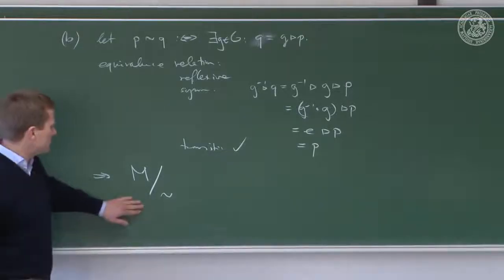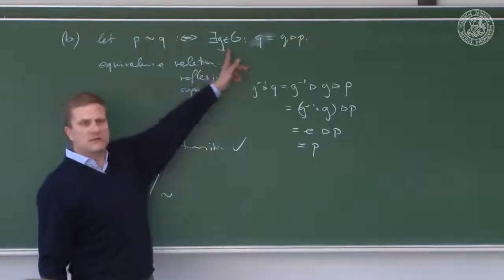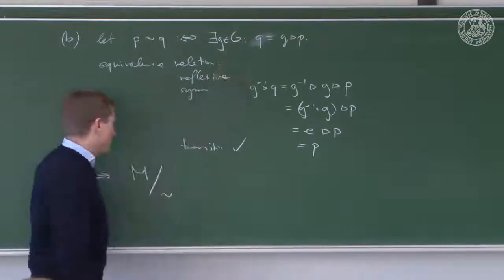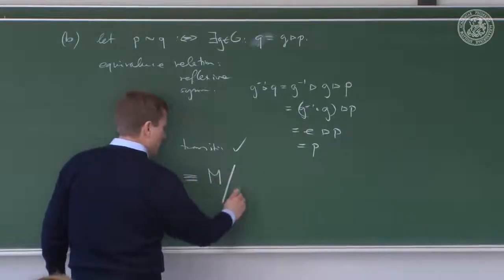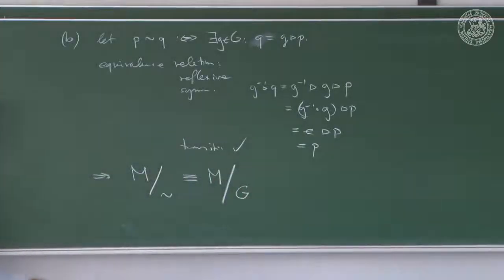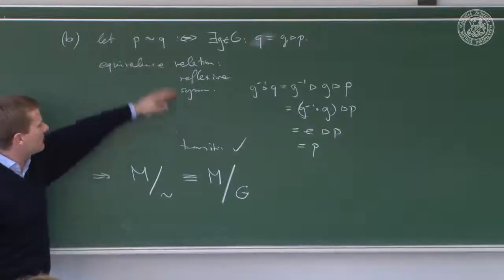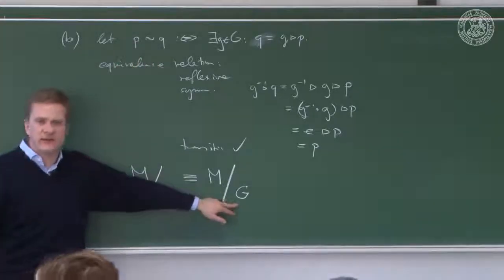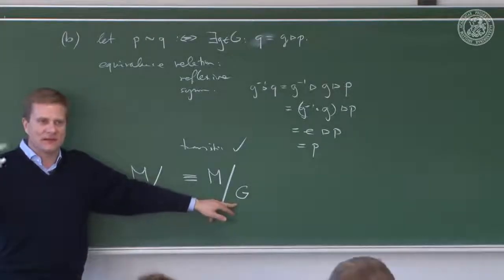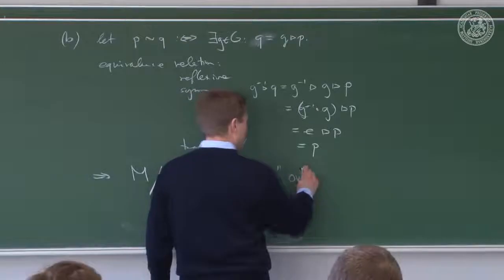And because this quotient space has been defined using only this group and this action, we very often write instead M mod G, right? It's just another notation, because you do not always have to carry through this construction. Once you know it, you say, well, the group identifies certain points by being in the same orbit, and this is then called the orbit space.